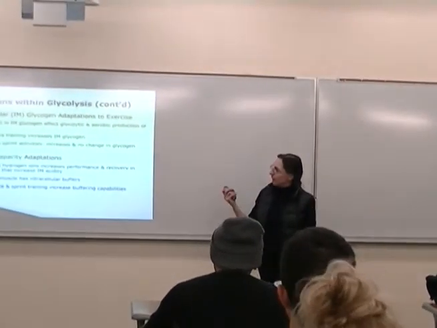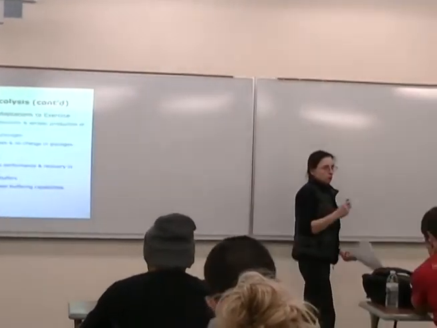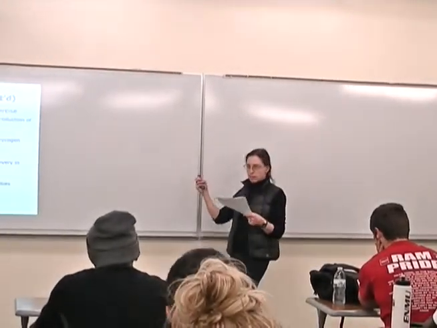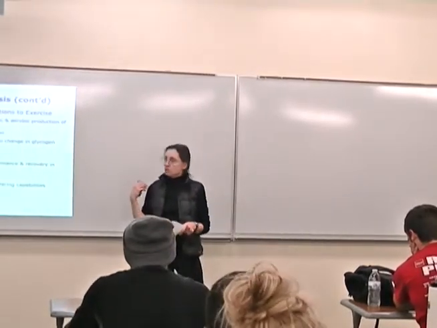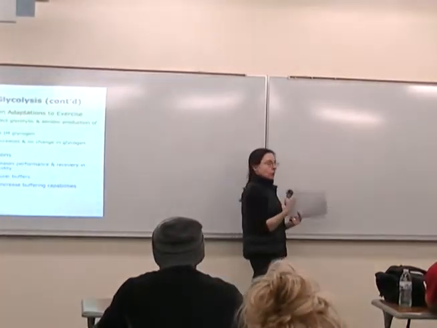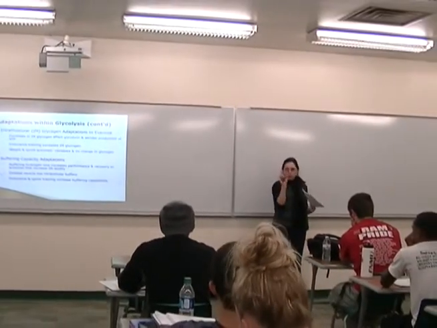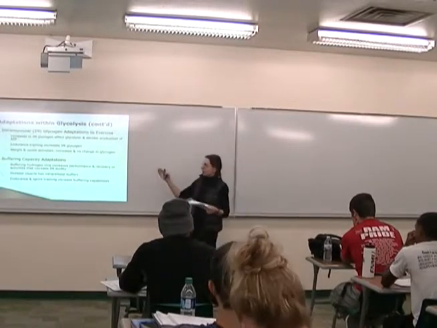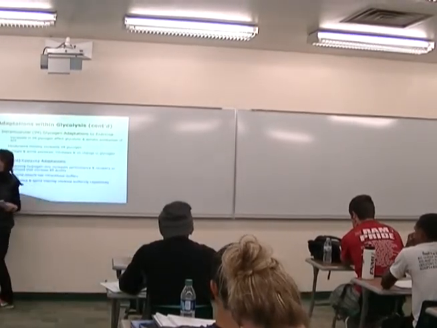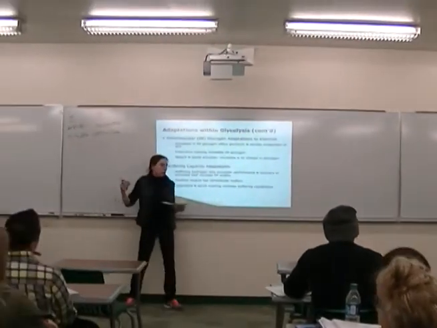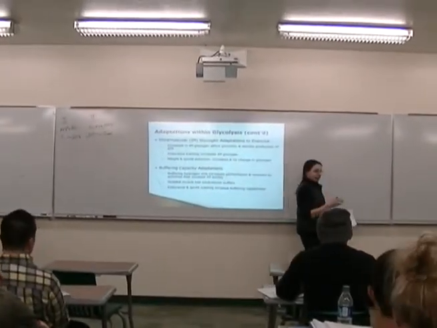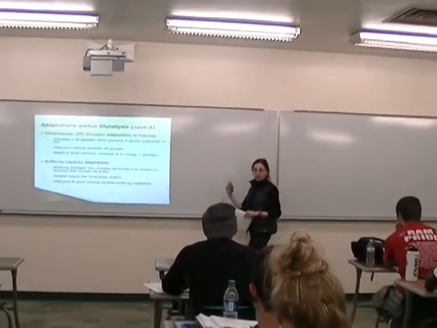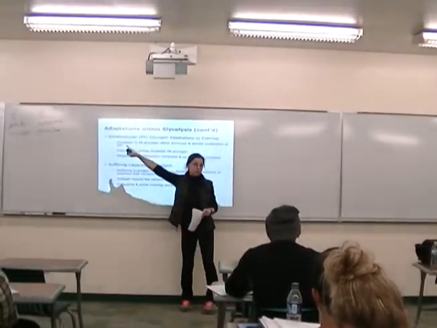So the length of the training program dictates which system we see the adaptation in. If I'm doing sprints or interval training, and my sprint element is less than 10 seconds long, the adaptation will be in system 1. If the sprint element is more than 10 seconds long, then I'm going to see more adaptation in system 2.